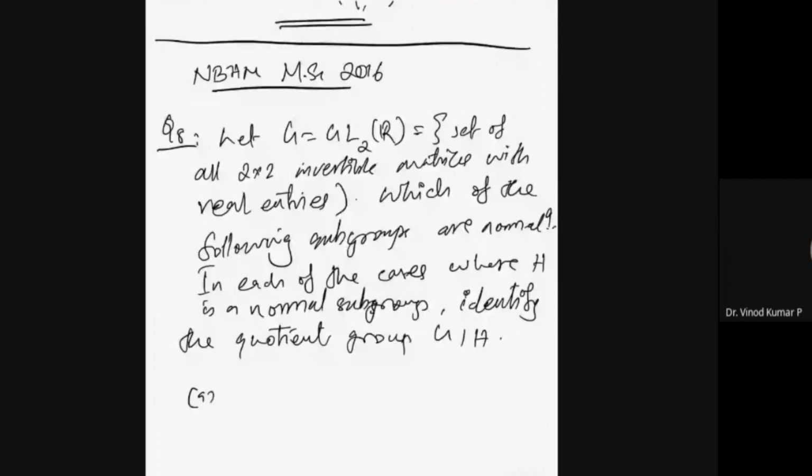The first one: H1 is the subgroup SL2 of R. This is basically the set of all A belonging to GL2 of R, the set of all 2 by 2 invertible matrices with determinant 1.